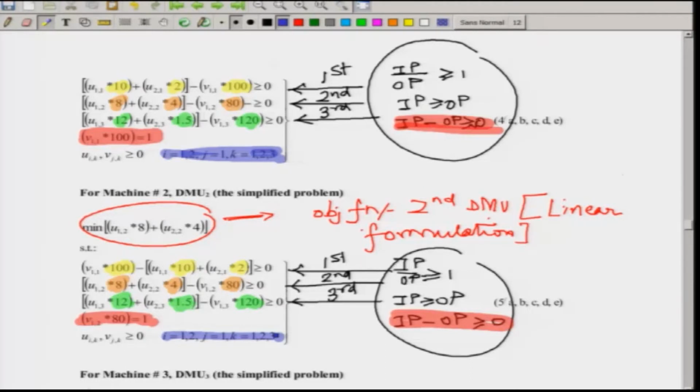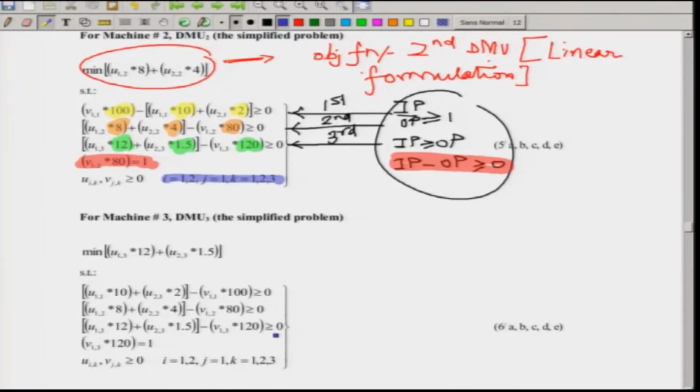Now, let me come to the third DMU. So, this is another thing which I should have done, it will make things clear for us. I should have highlighted the word minimization here. So, I should highlight the word minimization here also.